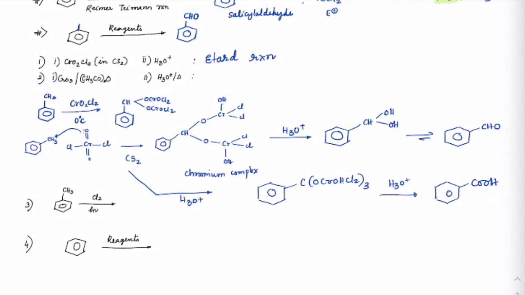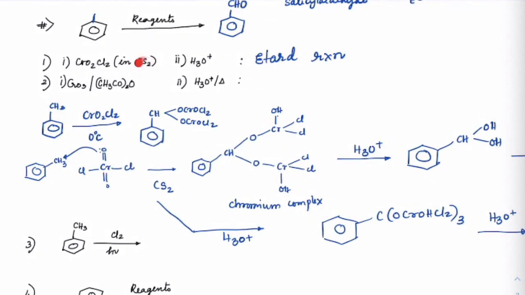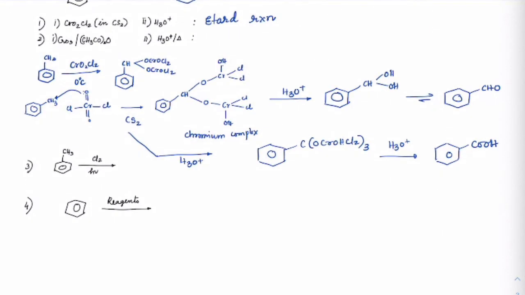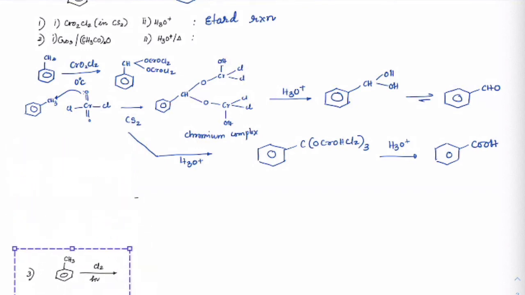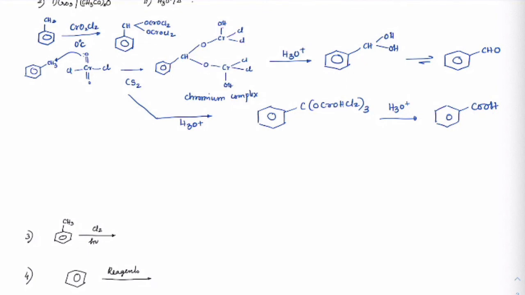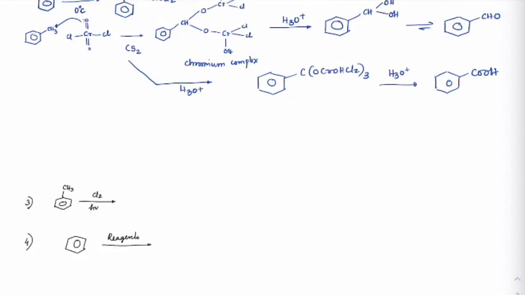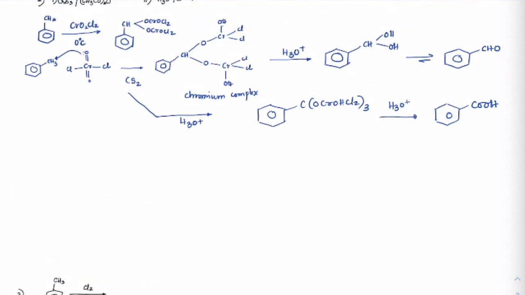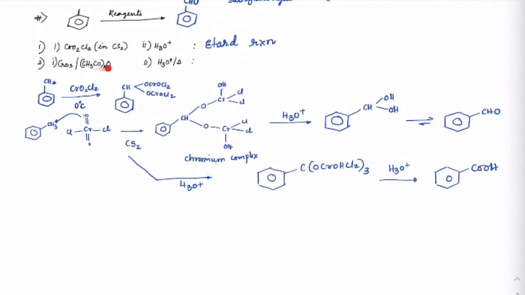But if you use it first in anhydrous conditions like CS2, or you use that in anhydride, then first they will stop at two different complex formations, and then the reaction will hydrolyze to form aldehyde. Now the same reaction can be repeated even for the second case, like here I have written, this is an acid anhydride, right.